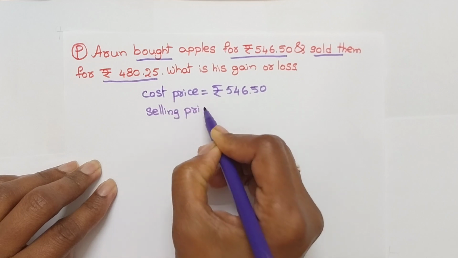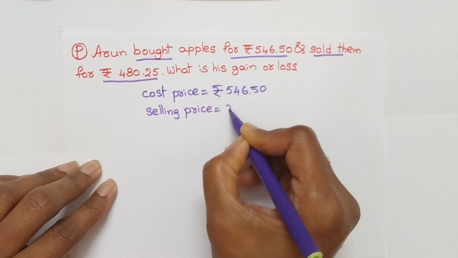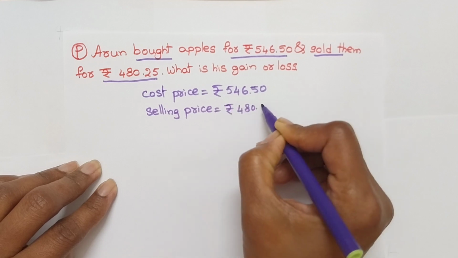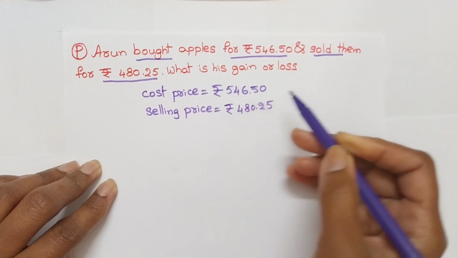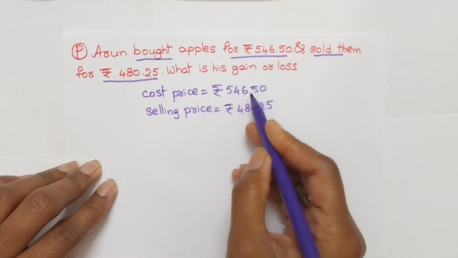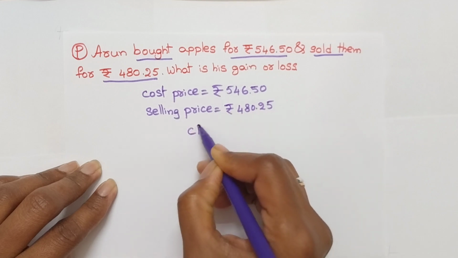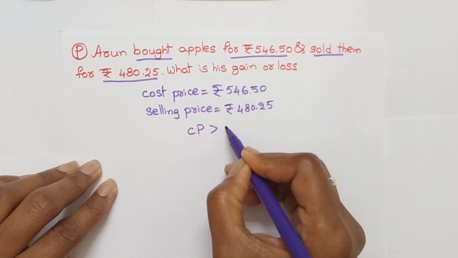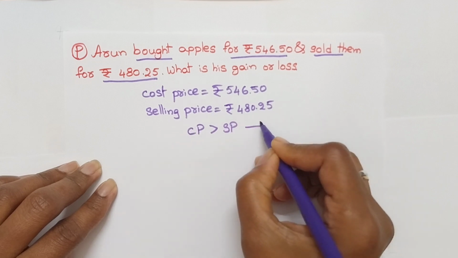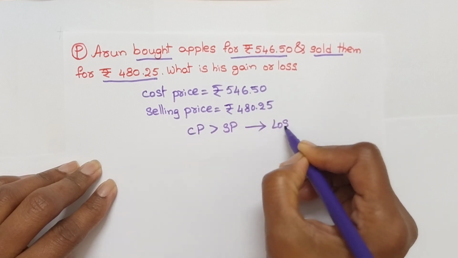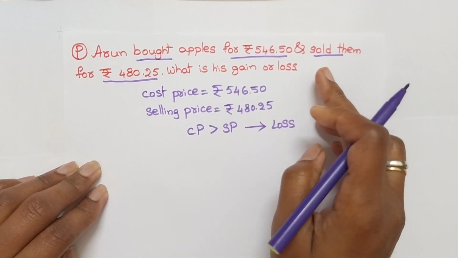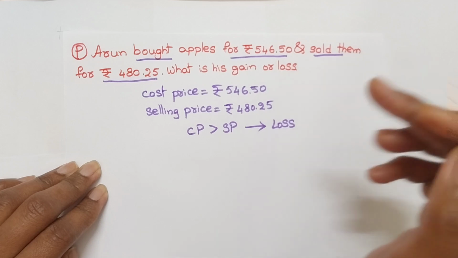Selling price equals rupees 480.25. Which one is the greater value? 546 is the greater value. That is cost price. Cost price is greater than selling price. Cost price more means loss. So, after selling the apples, Arun got a loss.